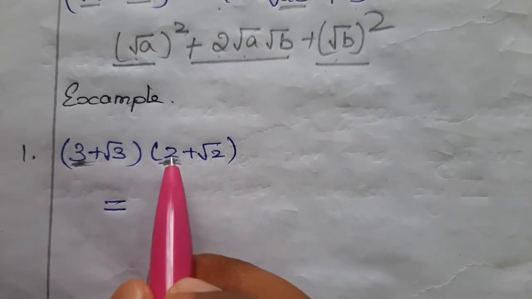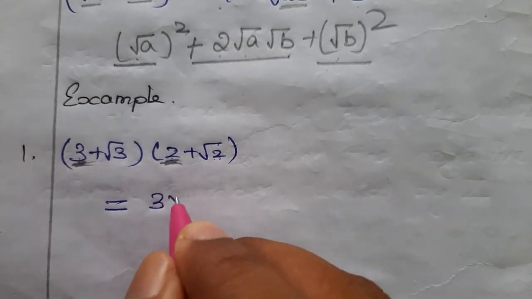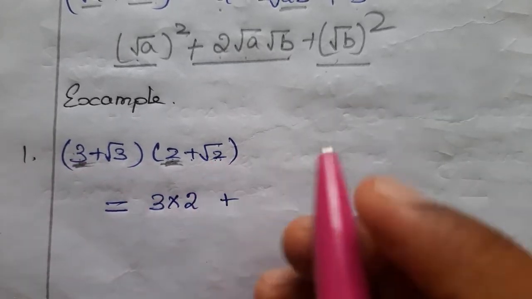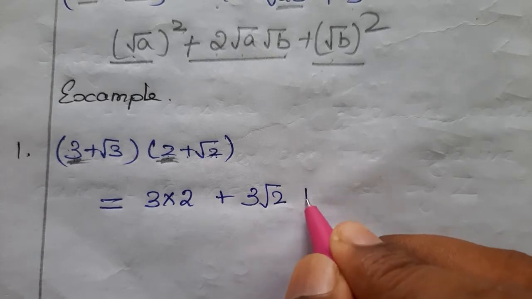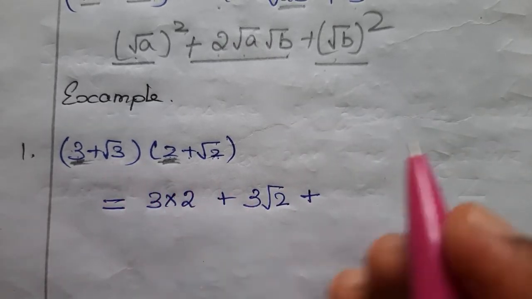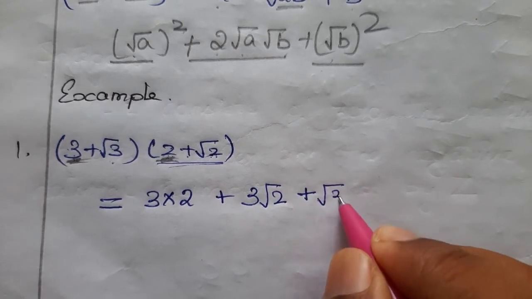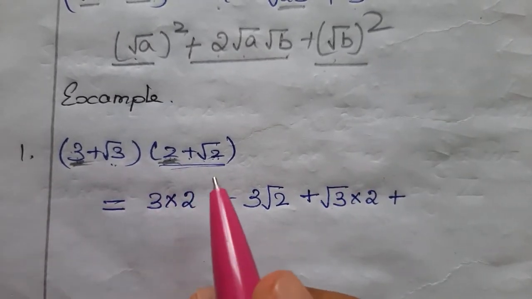So the 3 you have to multiply with both terms. First we multiply 3 into 2, then 3 is multiplied into the √2, it is 3√2, right? Plus next √3 multiplies with these terms, so √3 into 2, plus √3 into √2.